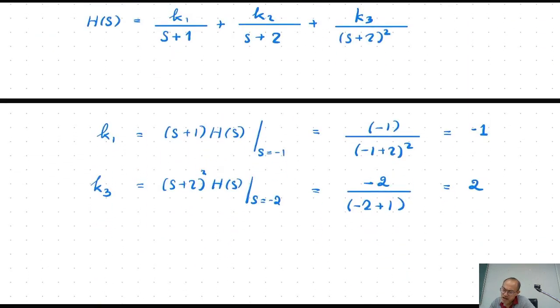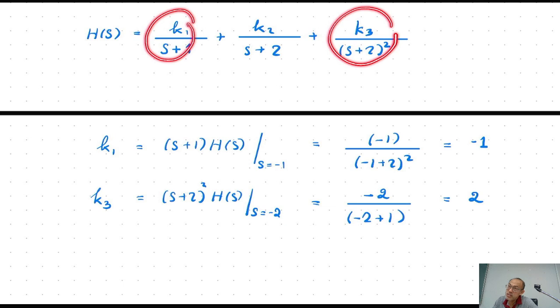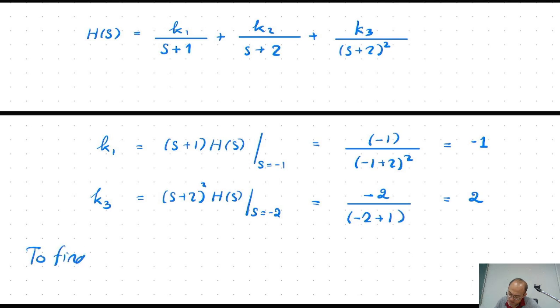So to find k2, you need to plug these two back into the original equation and then do some algebra. So to find k2, we plug k1 and k3 back into H(s).